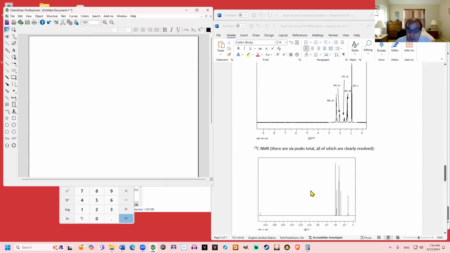In the carbon NMR spectrum, that's verified. We see a carbonyl peak, and that pretty much has to be a ketone. So let's write that down. We know that there's going to be a C double bond O with carbons next door.